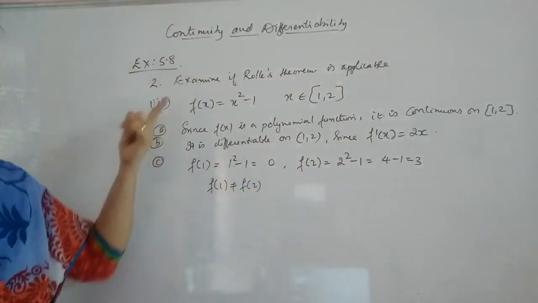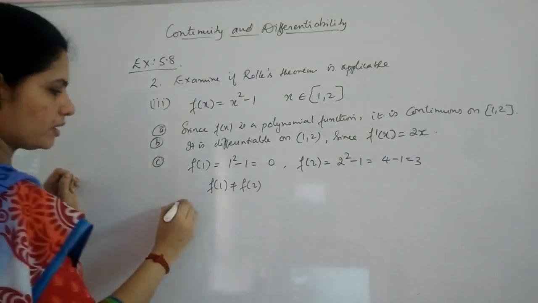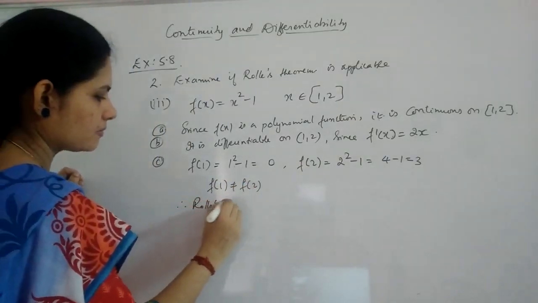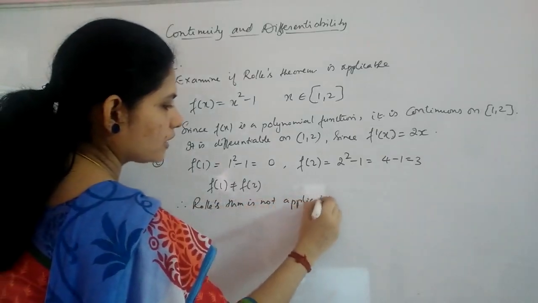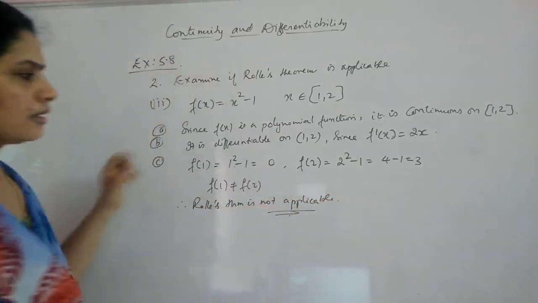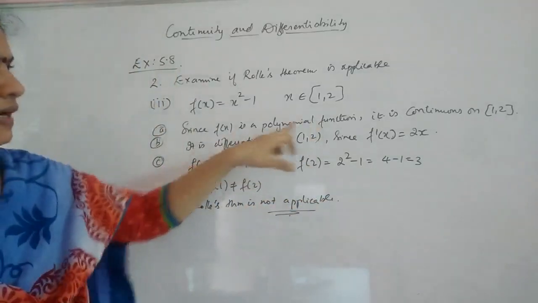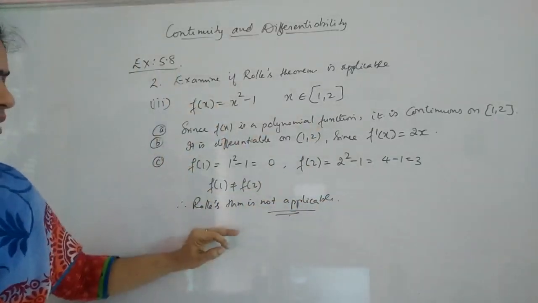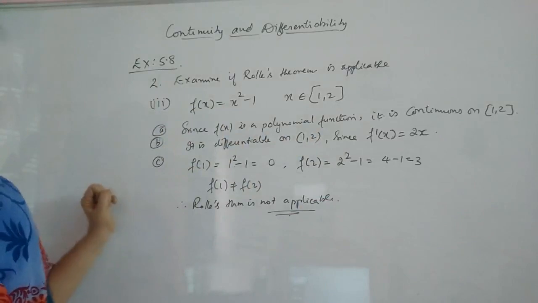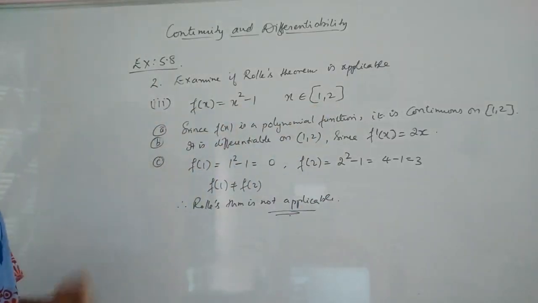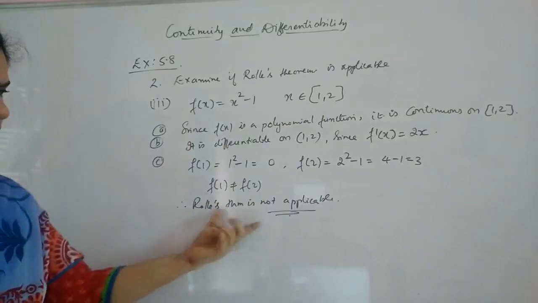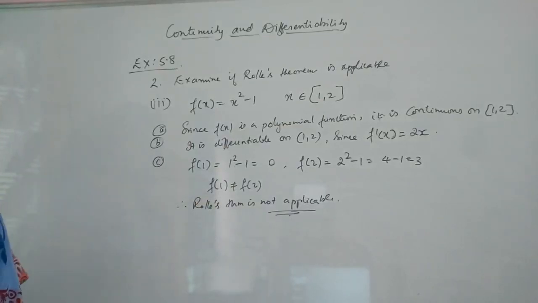That means again Rolle's theorem is not applicable. Only if all three conditions are satisfied by the given function can you say that, by Rolle's theorem, you can find a c lying between these two numbers such that f dash of c is equal to 0. Otherwise you will say that Rolle's theorem is not applicable for the given function.